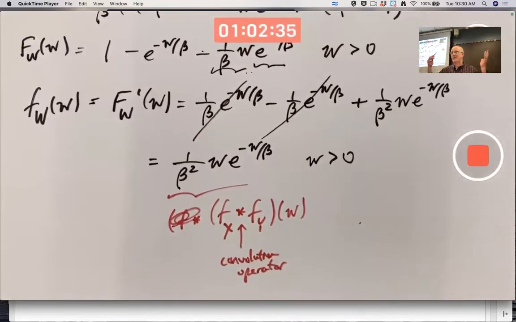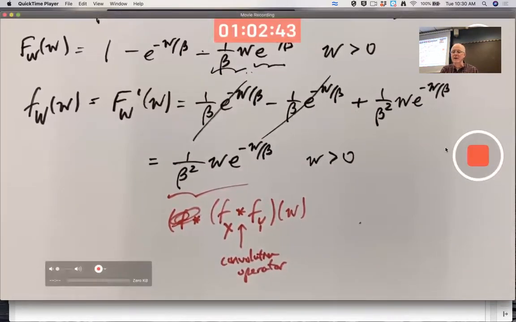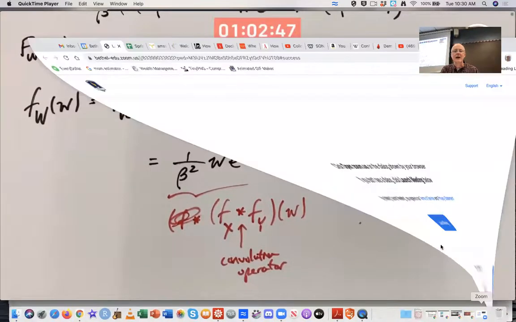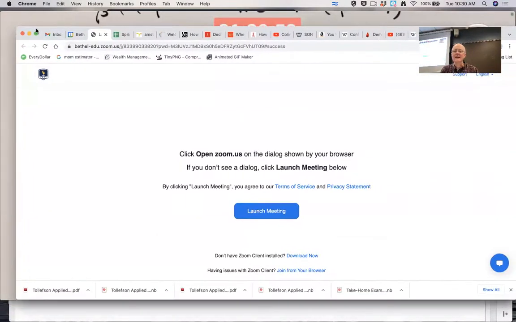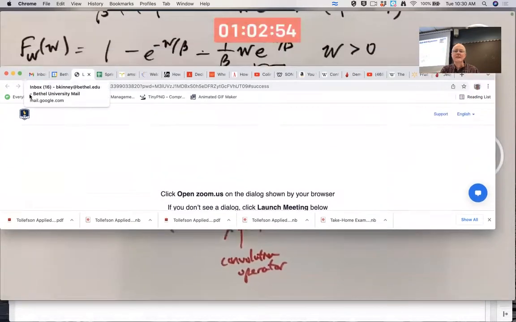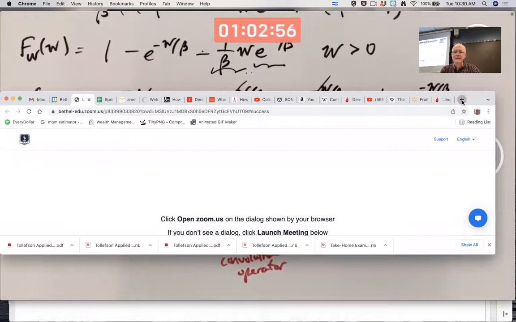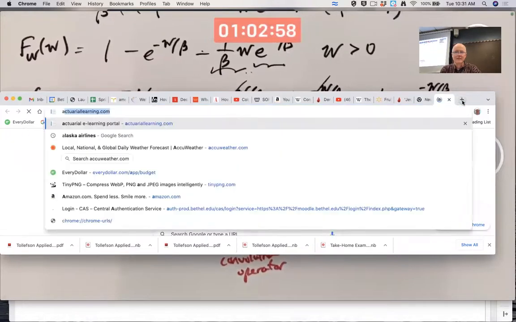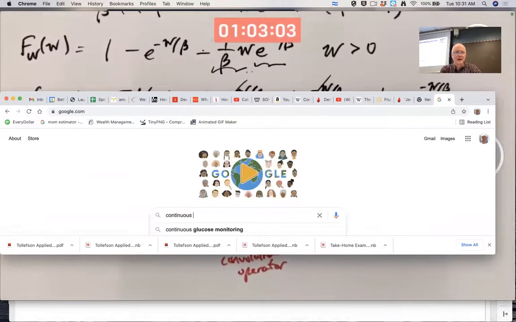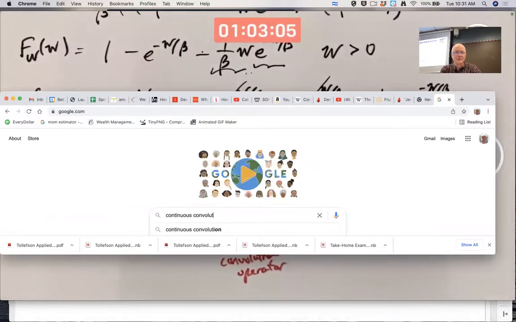What does the convolution operator do? Let's look it up online. I'm afraid if I write it down from memory, I'll get it wrong. I do have a book that I was going to bring, that I forgot to bring, that's got it in there. Continuous convolution.